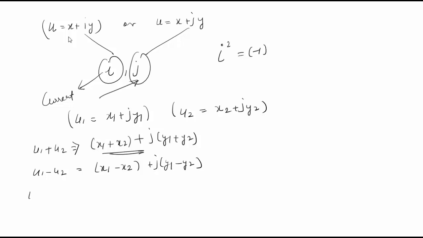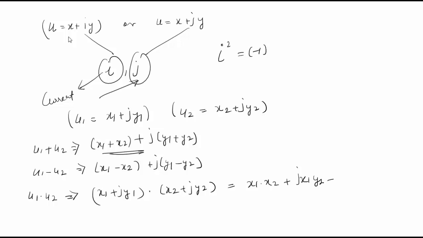And if I'm doing a product of these two numbers, u1 into u2, the product is a little bit more complex, and what it will give is x1 plus jy1 into x2 plus jy2. So this will lead to x1 into x2 plus jx1 into y2 plus jx2 into y1 plus j squared y1 y2.